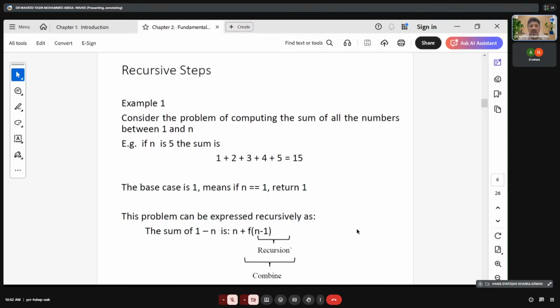Here is another example: consider the problem of computing the sum of all numbers between 1 and n. Like factorial, here we have summation. The base case is 1: if n equals 1, return 1, otherwise we add. This problem can be expressed recursively as sum of n is n plus sum of n minus 1, a recursion with combination.